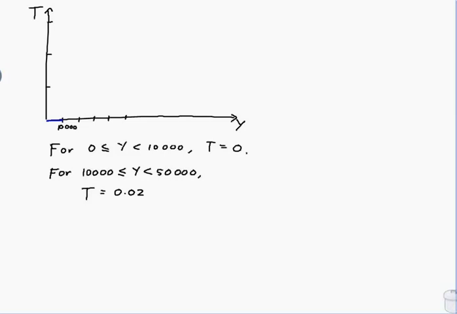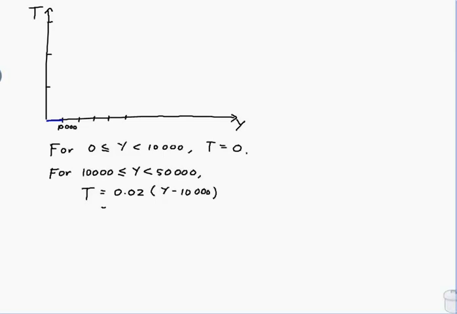It can't just be 0.02 of Y, because that would give $200 of tax at $10,000, and we know that's supposed to be 0. So it must be Y take away 10,000, because that would be the income just above 10,000.